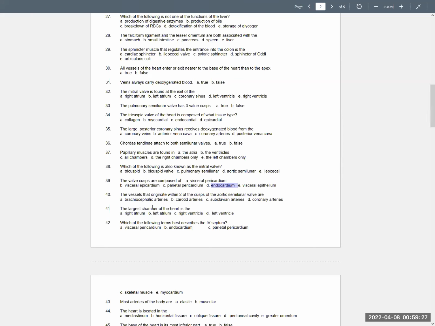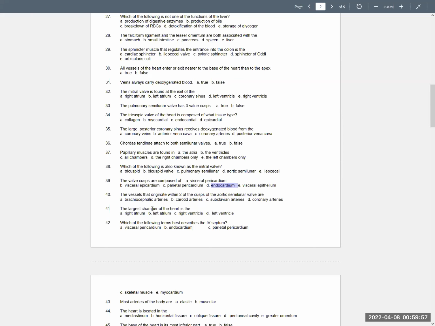40, the vessels that originate within two of the cusps of the aortic semilunar valve are a brachiocephalic artery. I'm going to start that over. I stumbled through that question. 40. The vessels, plural, that originate within two of the cusps of the aortic semilunar valve.